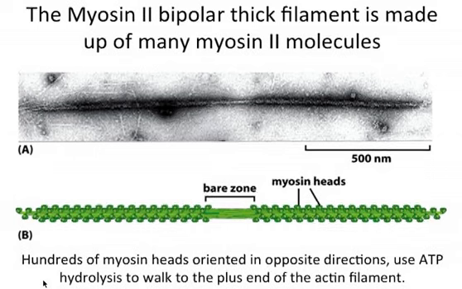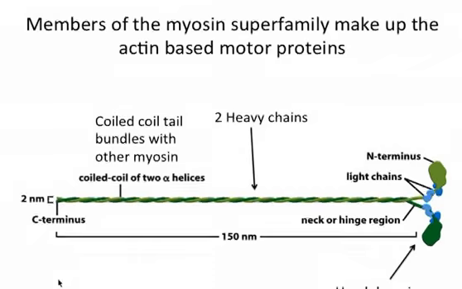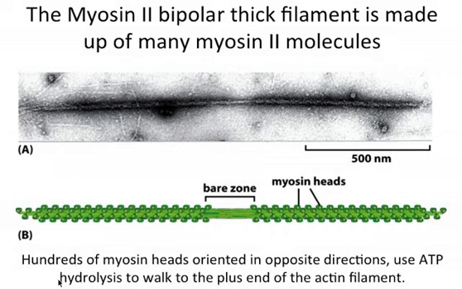Myosin 2, which is the one that's involved in muscle contraction, forms a bipolar thick filament made up of many myosin 2 molecules, and they all bind to each other. Remember, I just showed you that's one myosin. And now they're all kind of twisted up together. See all these little myosin heads?